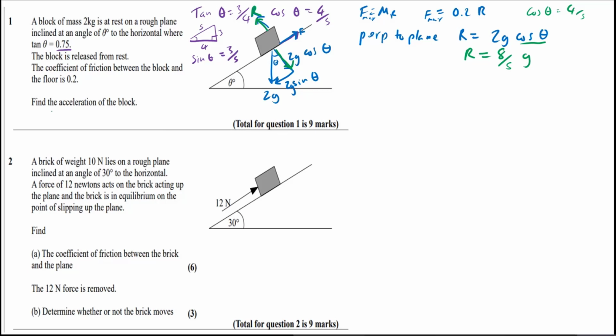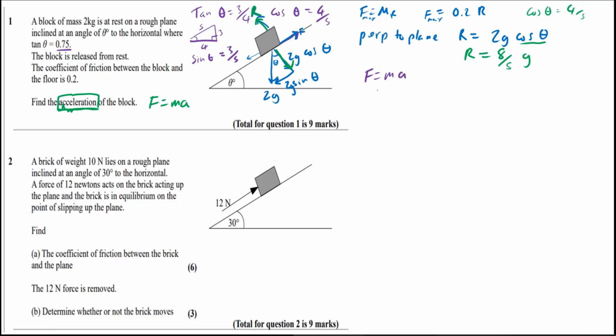Now think about it. It says find the acceleration of the block here. So we do have to use F equals ma at some point. The block's going to be sliding down this way. So we use F equals ma. What's going this way?